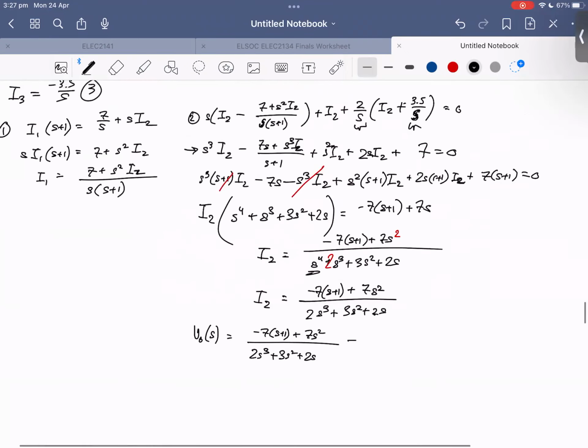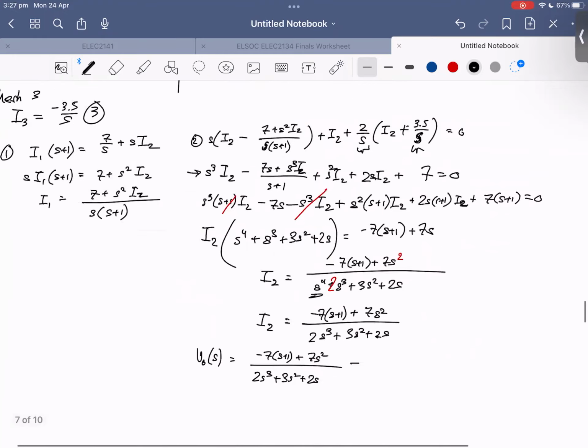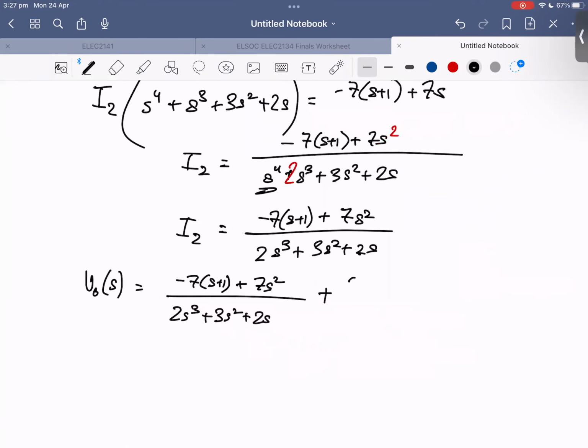And I3, remember, is just -3.5 over S. So plus 3.5 on S, sure. And that whole thing is times by 2 on S, the impedance.